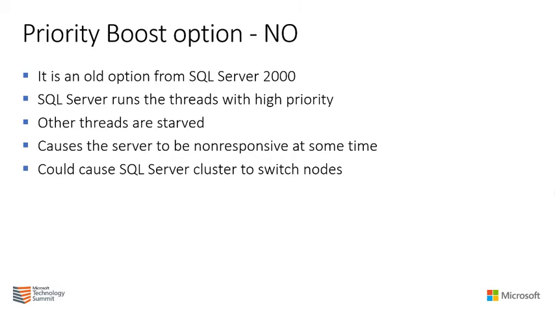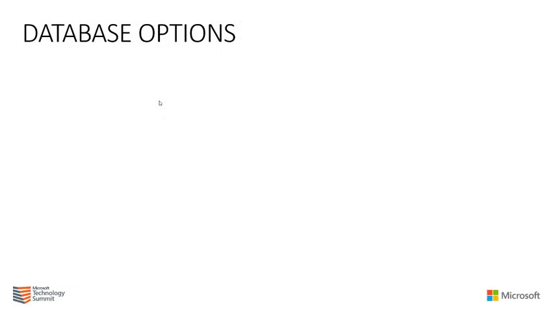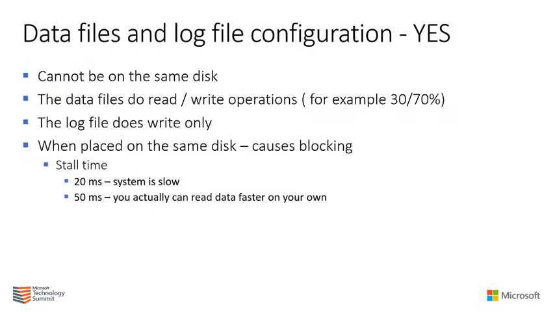Okay, let me go to other things, because right now we have database options, and let me go through them. I have demos for them, and I will try to show this to you, this is very, very important. Let's start from data files and log file. As you know, a SQL Server database can by default have one data file and one log file, and that could be fine.